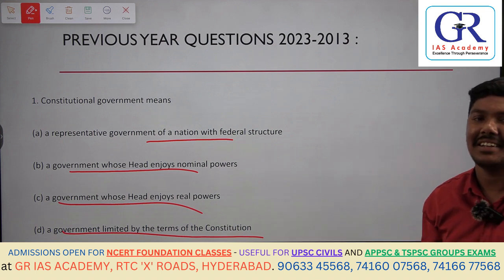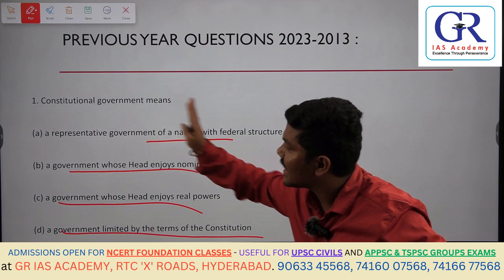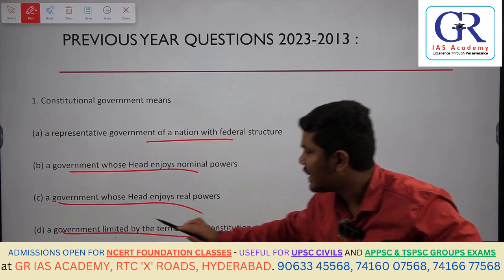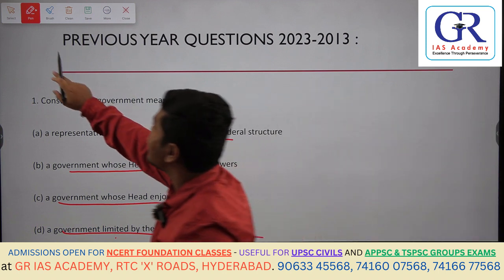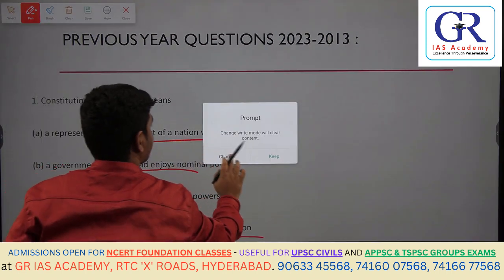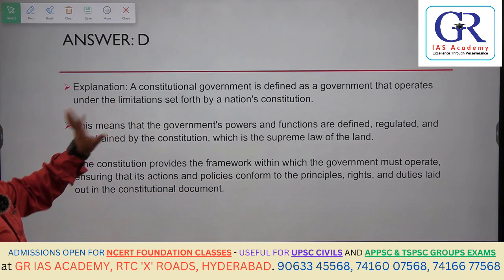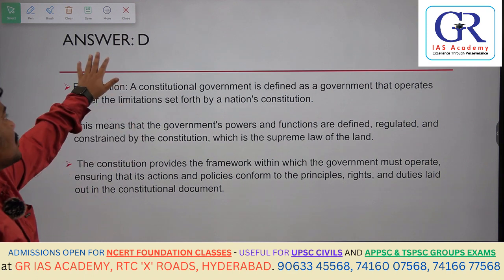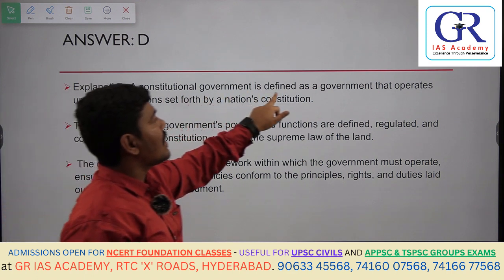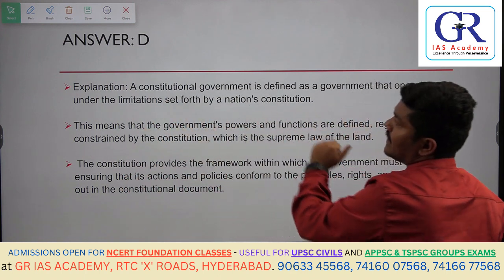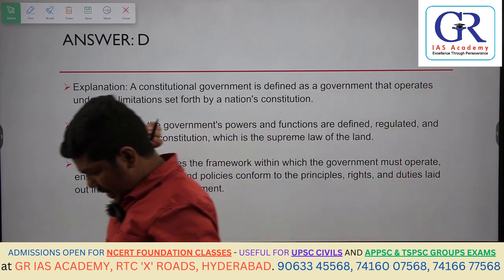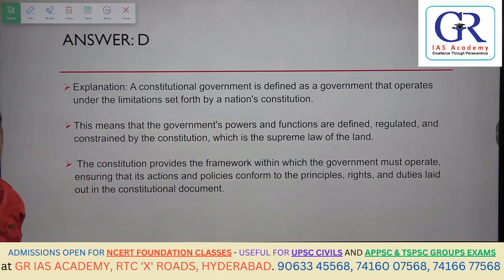Correct, absolutely correct. A constitutional government is basically a government limited by the terms of the constitution, and that was the answer. The explanation is the same as given here. So the answer is D, and a constitutional government is defined as a government that operates under the set rules laid forth by the nation's constitution.